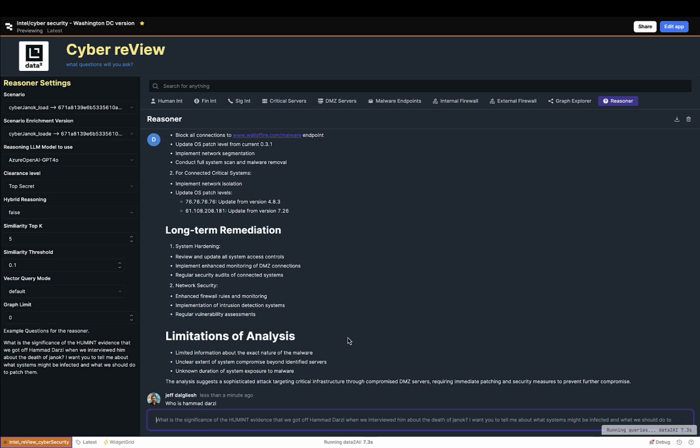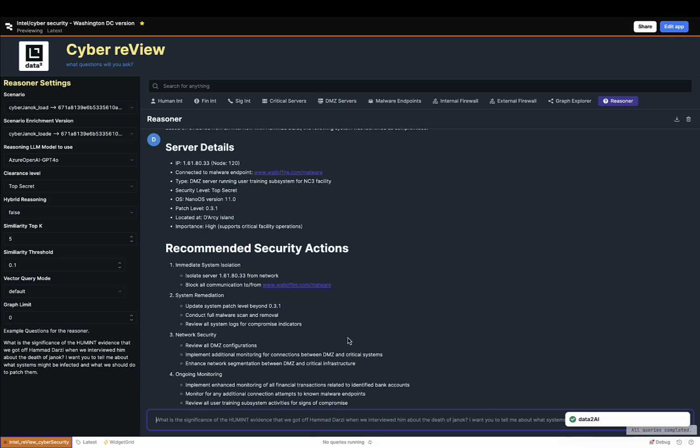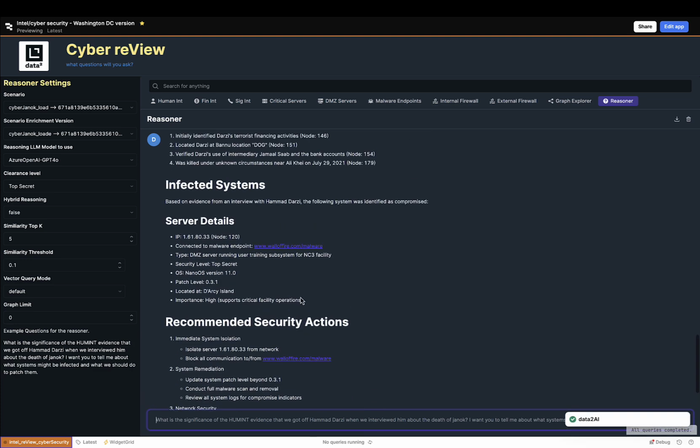But it's basically going to take all the information in the graph related to this individual, bring it together into a question, and pass that to a language model and reason over just that subset of the information that is connected in some way to Hamad Darzi, which is the person this piece of information was found on. So being able to come up to speed very quickly on these different types of individuals or different types of servers is really what these systems help with.